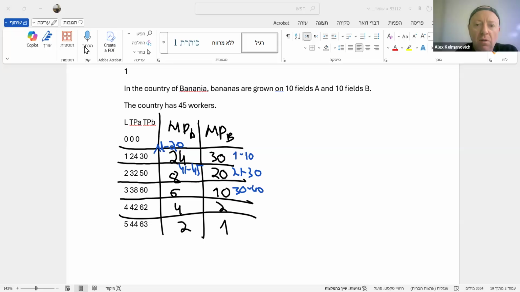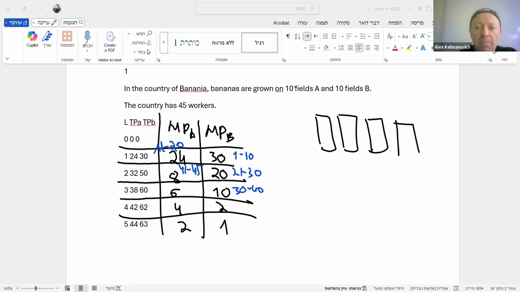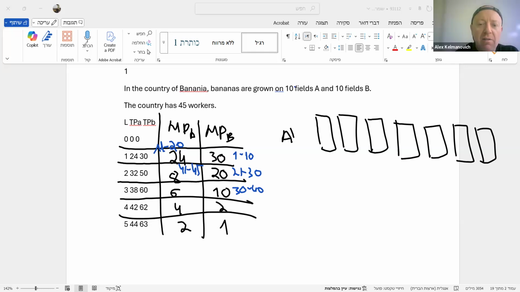So, if I want to show how it looks in the fields, let's draw. Just imagine it's 10 fields.